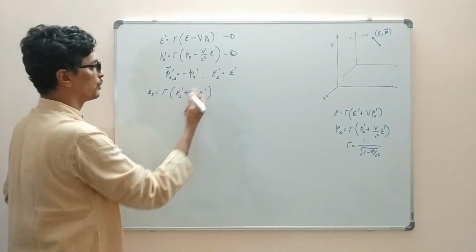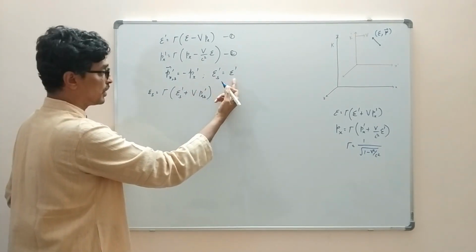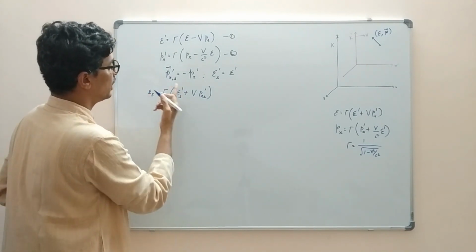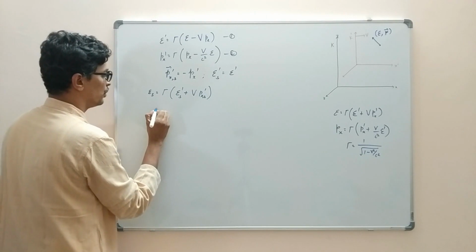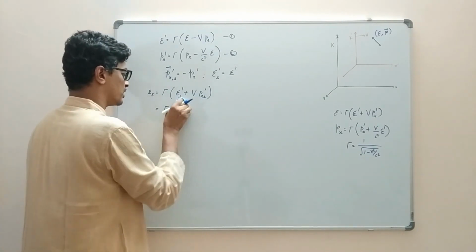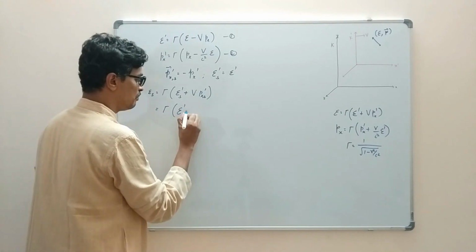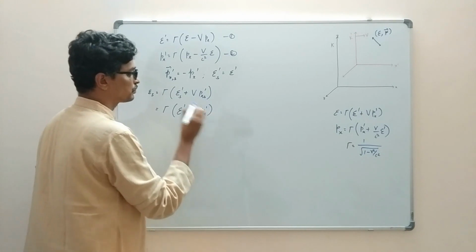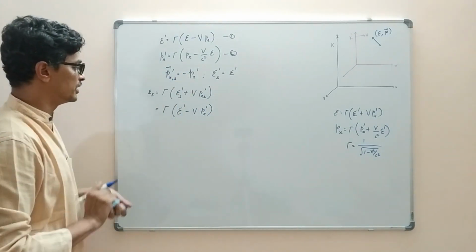So now let us substitute Es prime is nothing but my E prime, and this Px prime should be equal to this one. So this is going to be gamma times E prime minus V Px prime, because the sign changes.